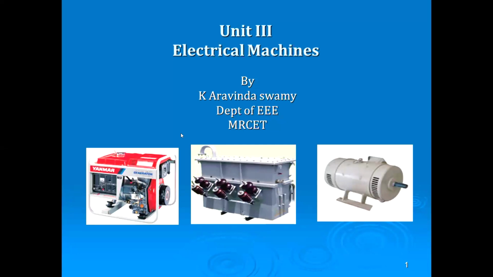On the distribution side, for home appliances or big industries, we require 11 kV or 6.6 kV or 415 volts or 230 volts. Each and every appliance has a different requirement. For homes it is 230 volts. For agriculture it is 415 volts.